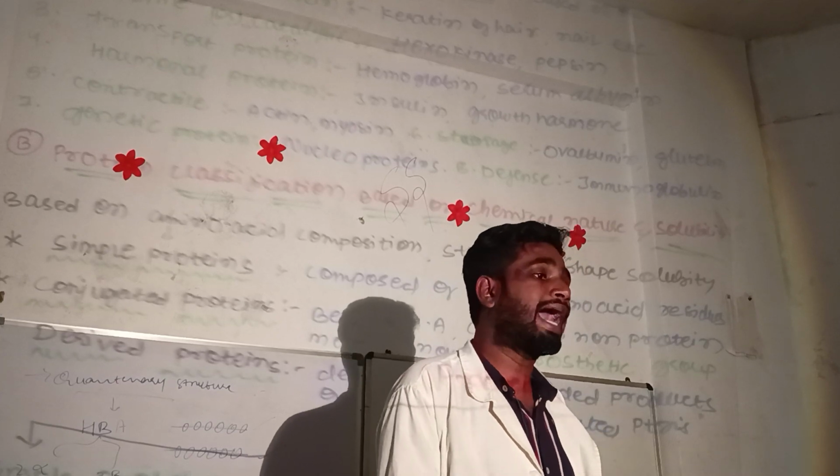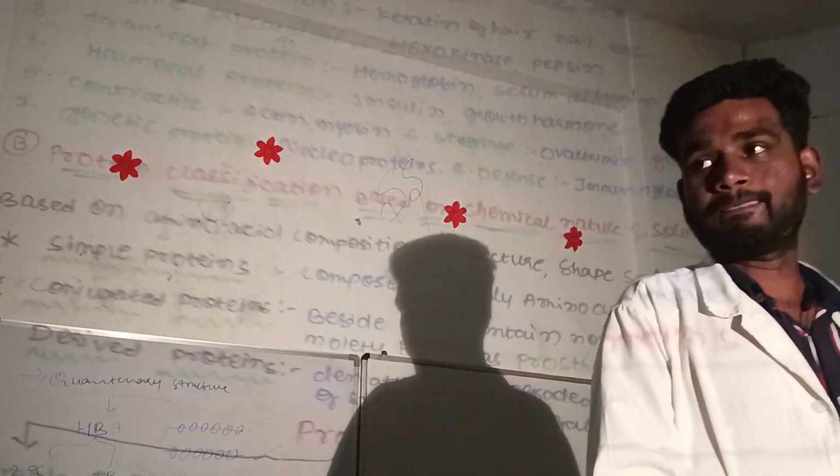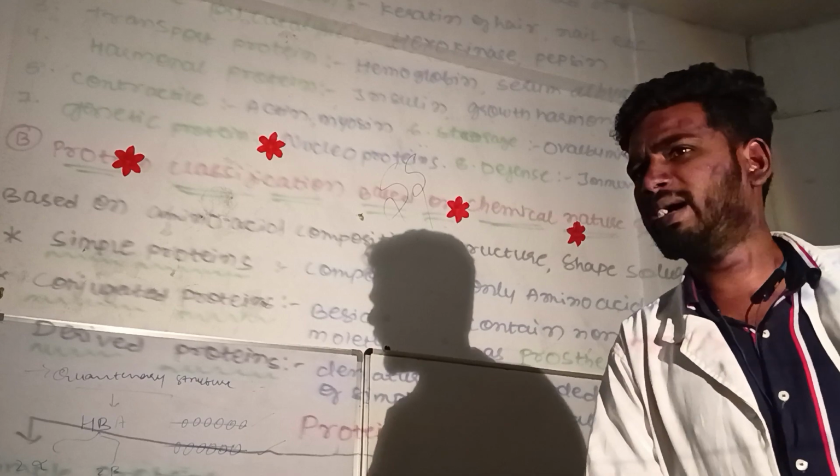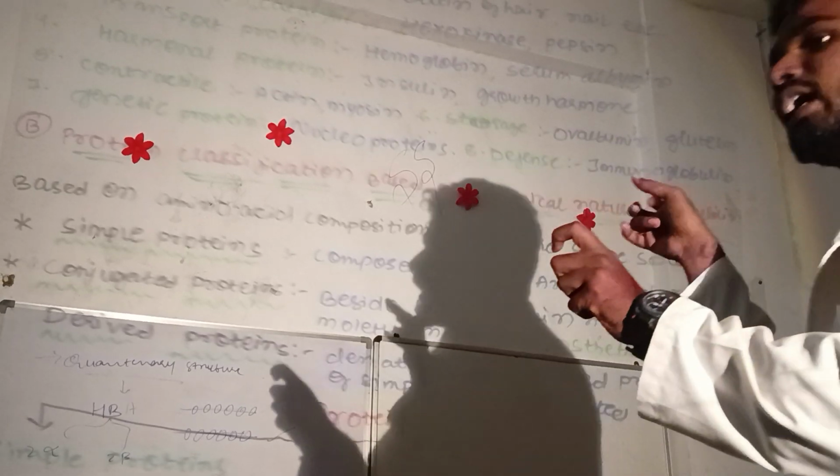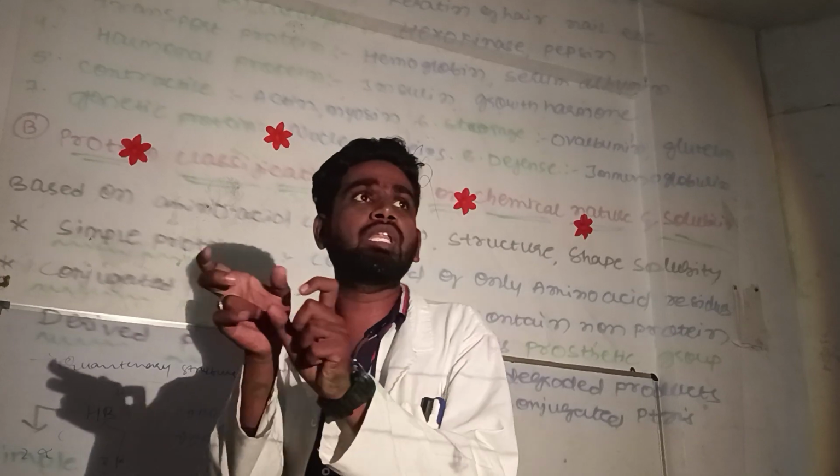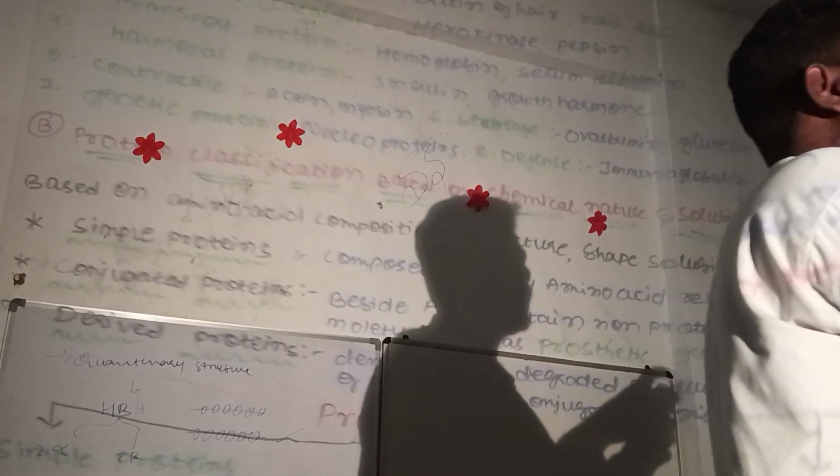That means you are adding an additional part to your body. Prosthetic legs, you might have heard this. So in this also, protein is there in a simpler form. Along with that, if another group is attaching, that group can be a lipid or other substances, that group is considered a prosthetic group, an additional group.